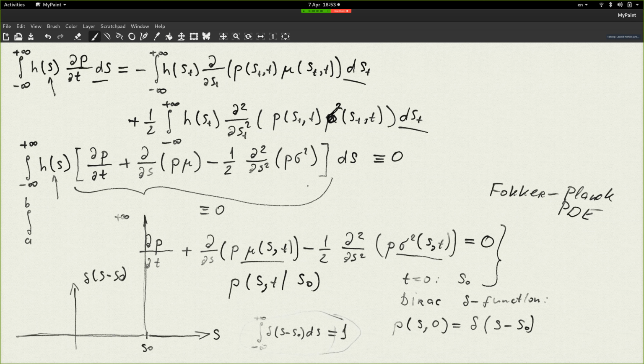So we start with a very peculiar initial condition. We start with the initial condition being a spike, a delta function, and then when time increases, we get not a delta function, but our normal, hopefully continuous probability density function, which is a solution to our Fokker-Planck partial differential equation.